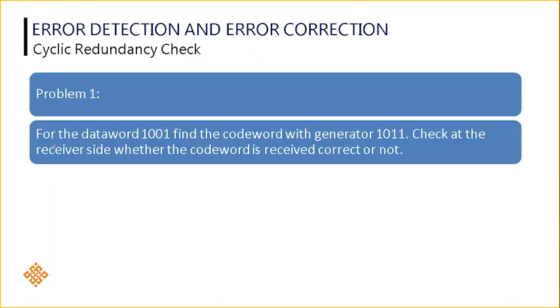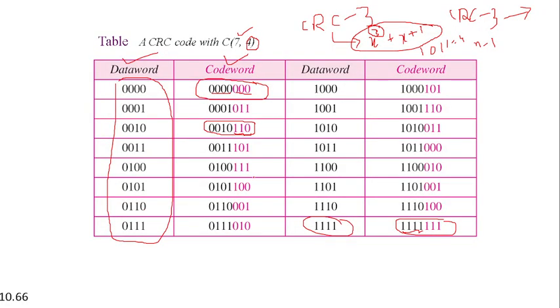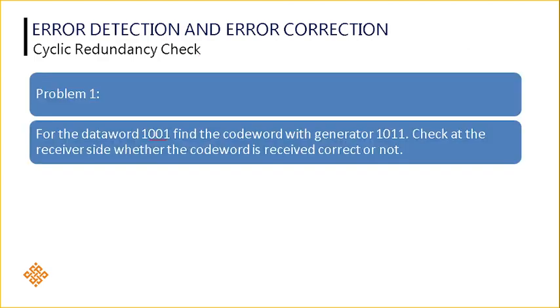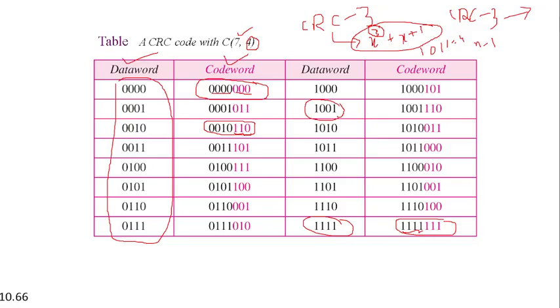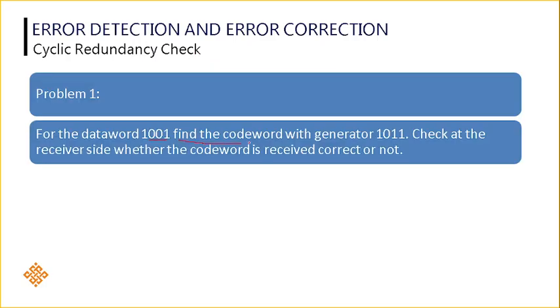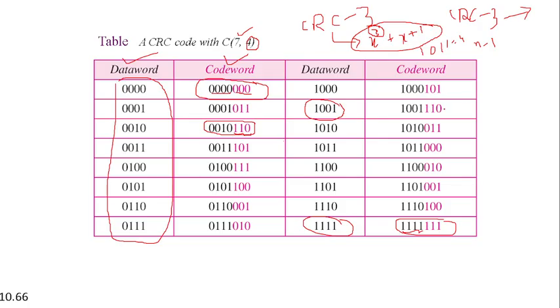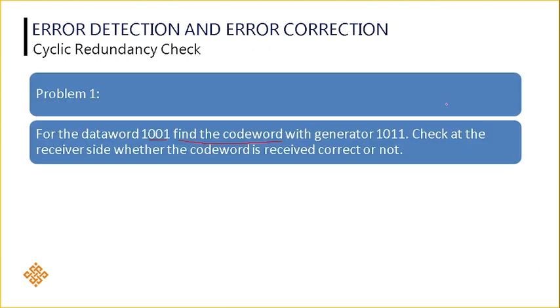Okay, for the data word 1001, a small scenario for the data 1001. What it says is: find the code word. The code word is 1001110, that we need to identify.